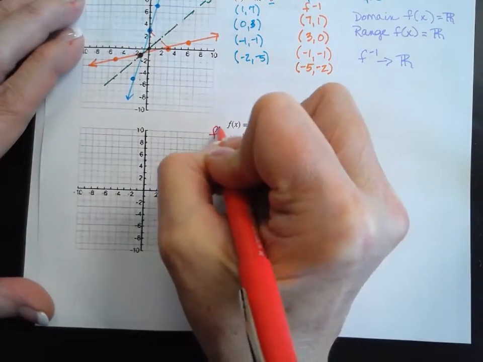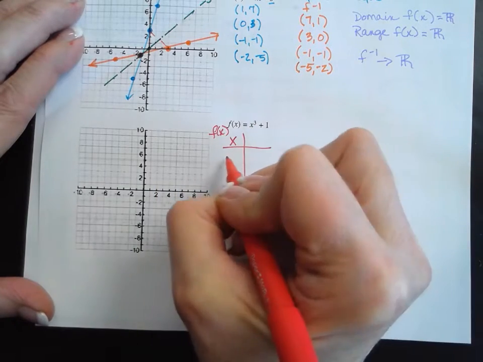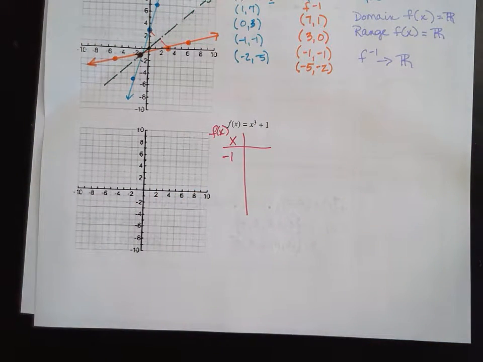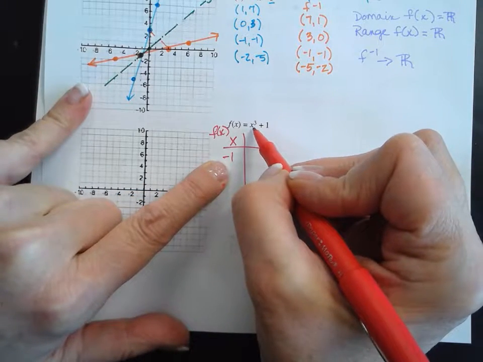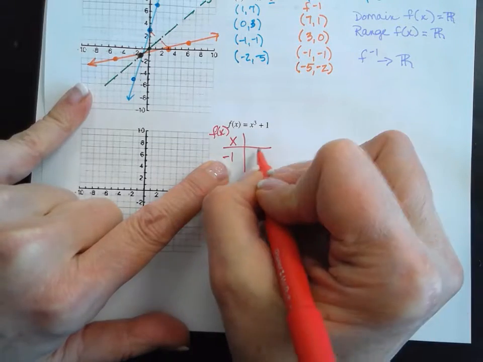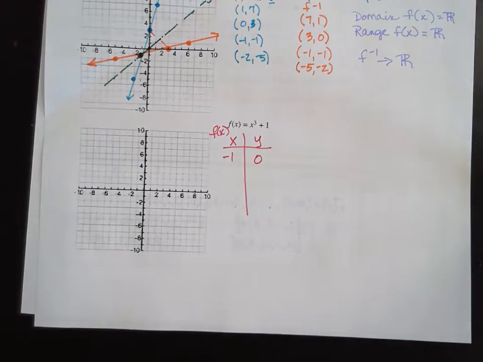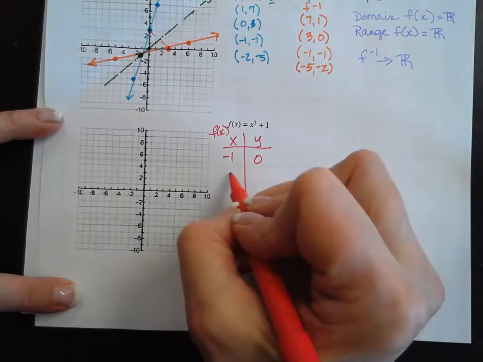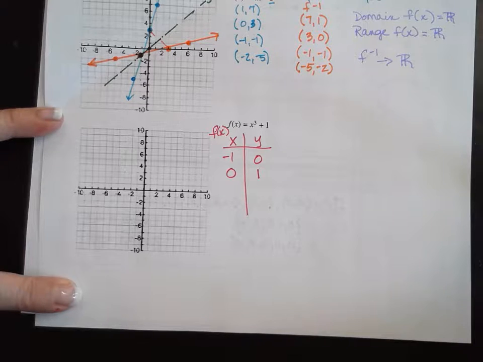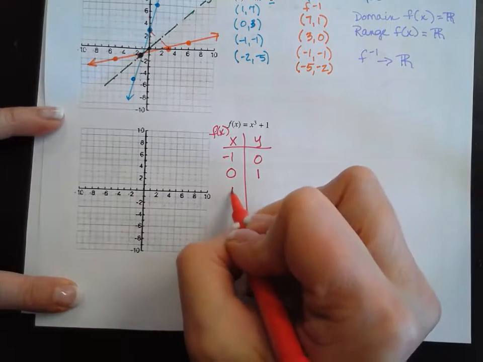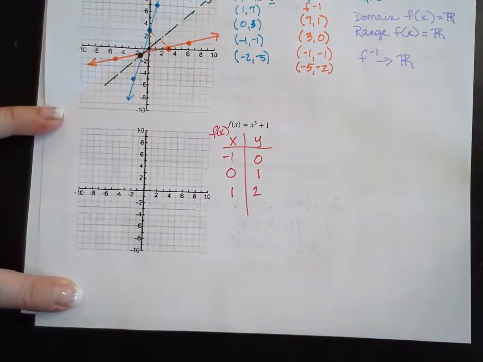So if this is my f of x, let's say -1. That's an easy enough point. -1 cubed is going to be -1. -1 plus 1 gives me 0. Right? 0 gives me a y value of 1. Everybody with me? 1's going to give me a value of 2.